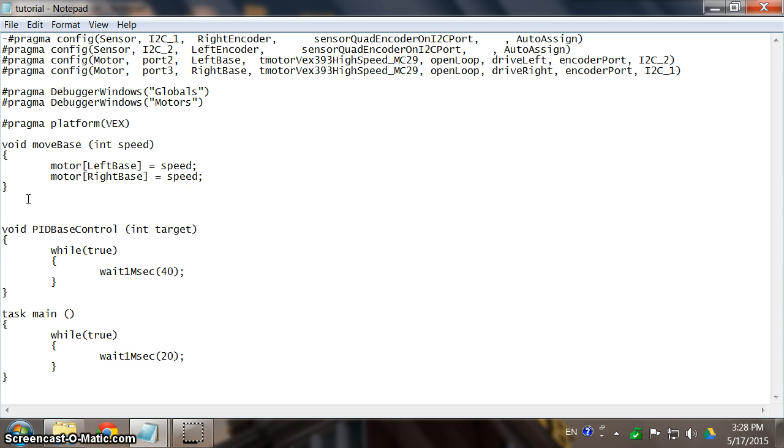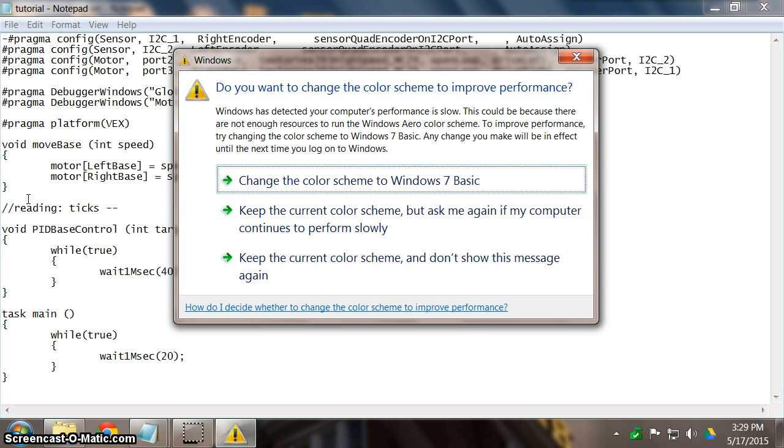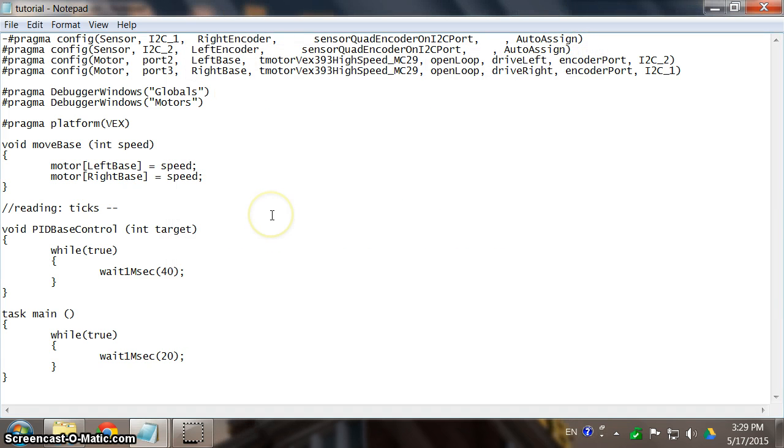So how do we do this? First, let's get something straight. Our reading is in ticks. And as I have already researched, for the integrated motor encoders in high torque mode, it is 627.2 ticks per revolution.